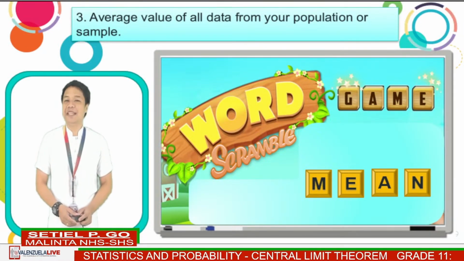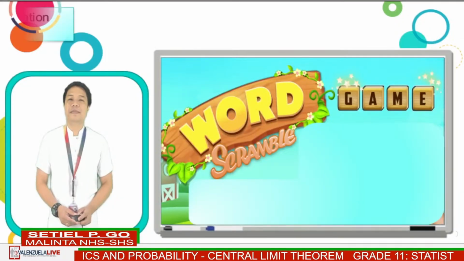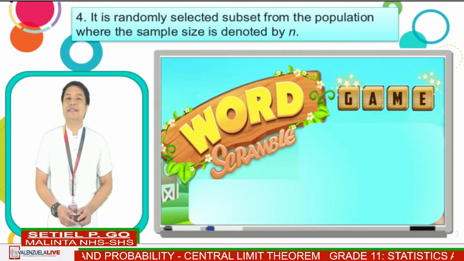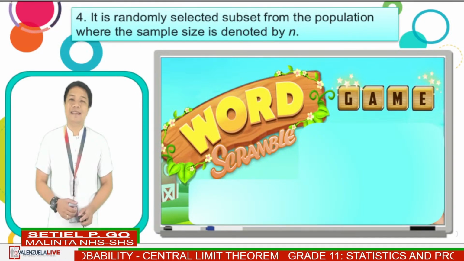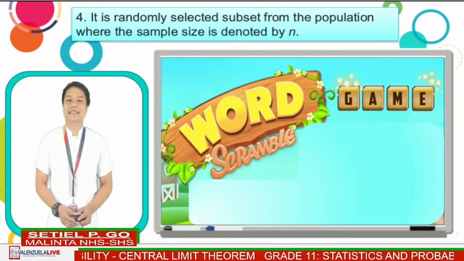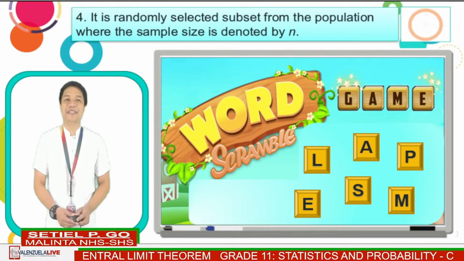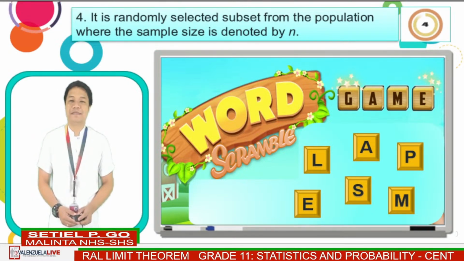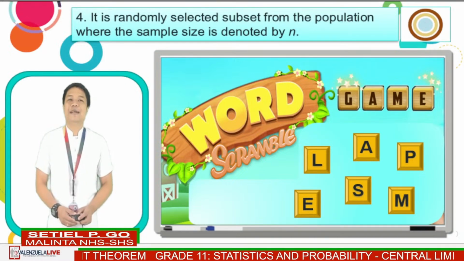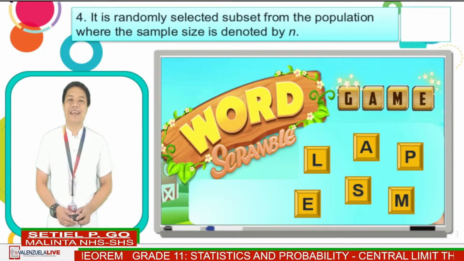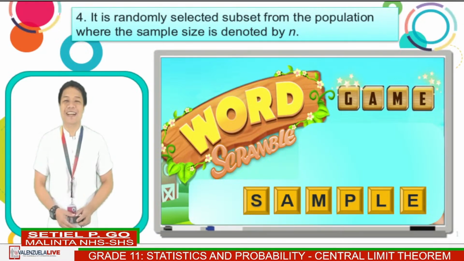Okay, so let's proceed to statement number 4. Number 4, it is randomly selected subset from the population where the sample size is denoted by n. These are the letters. 5 seconds. Go! Time's up. If your answer is sample, then you are correct.